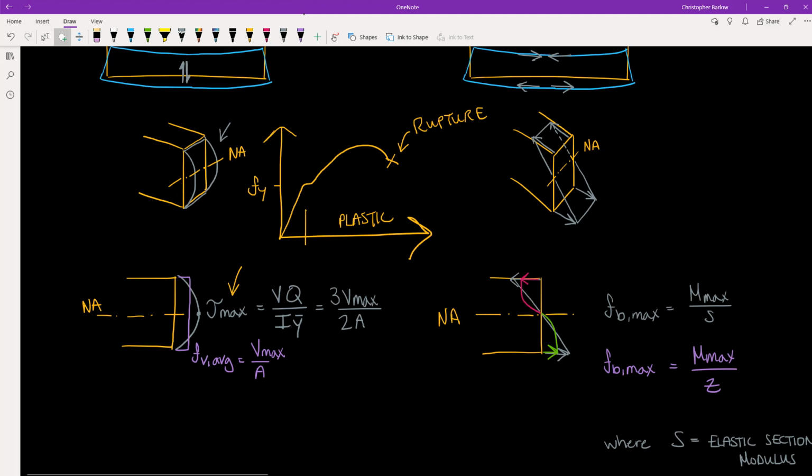But in the case of steel design, where we define that yield stress is actually slightly offset from where yielding truly starts to occur. So our design yield stress will be here, somewhere slightly beyond the actual yield stress.